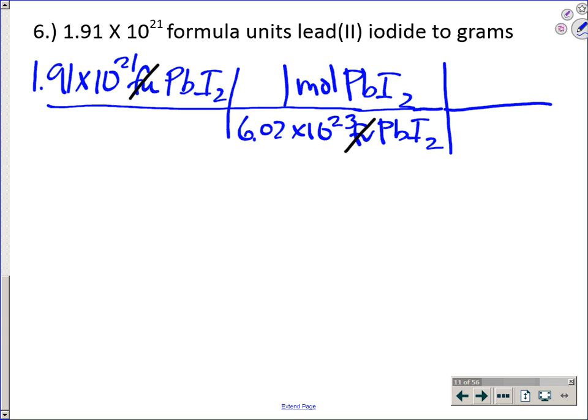Tell me what I'm writing here on top and bottom. Somebody at your table add, somebody else tell me what to put down units wise. So 1 mole of lead 2 iodide at the bottom, because that's going to cancel, and then you're putting grams of lead 2 iodide at the top. Okay?